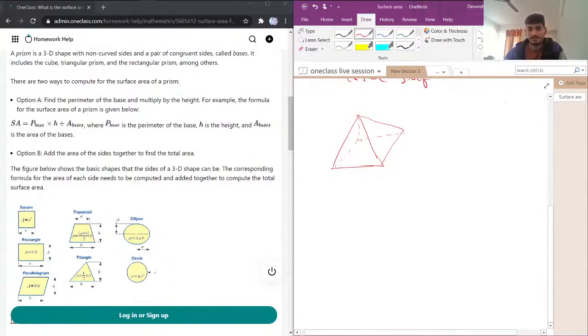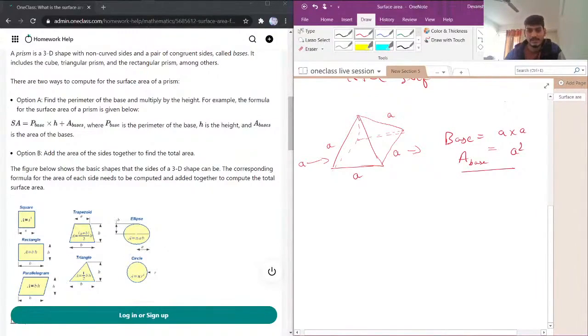Now let's say the sides of the base are A, A and A, and as it is an equilateral triangle, these sides will also be A. So the surface area of the base will be A into A, because the base is a square and the area of a square is A square. So A base will be A square.